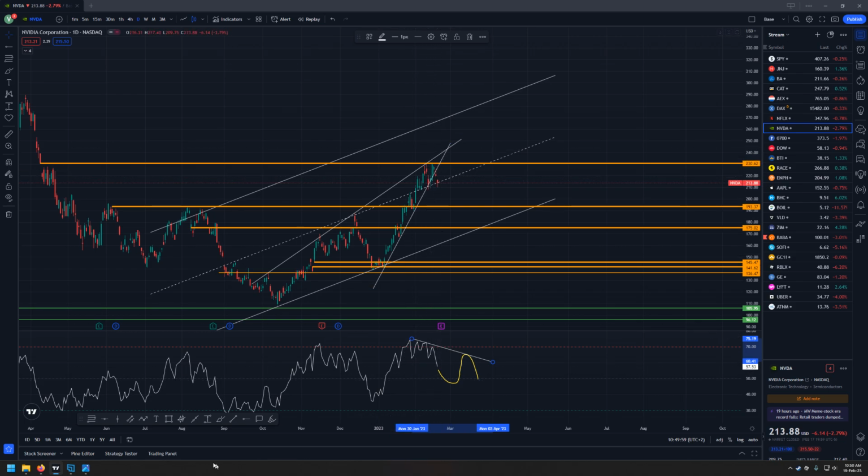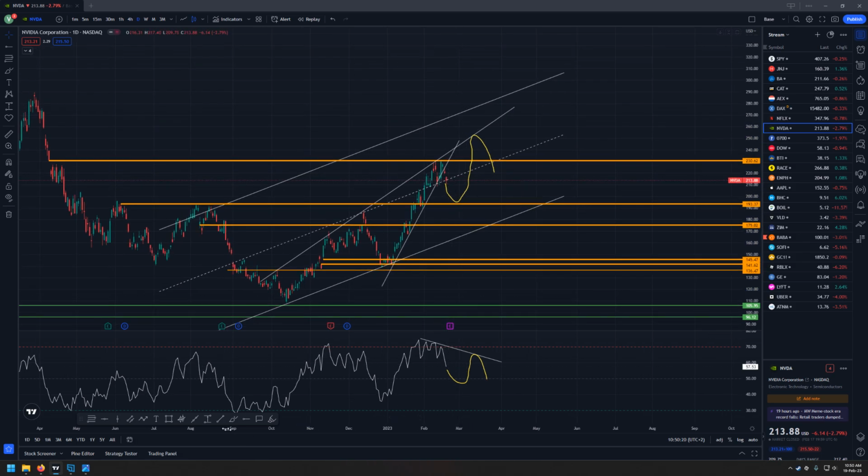like this. And at the same time, price would do something like this. Maybe it hits this again. So this is kind of what I want to see. If earnings are good, obviously we will just go from here.